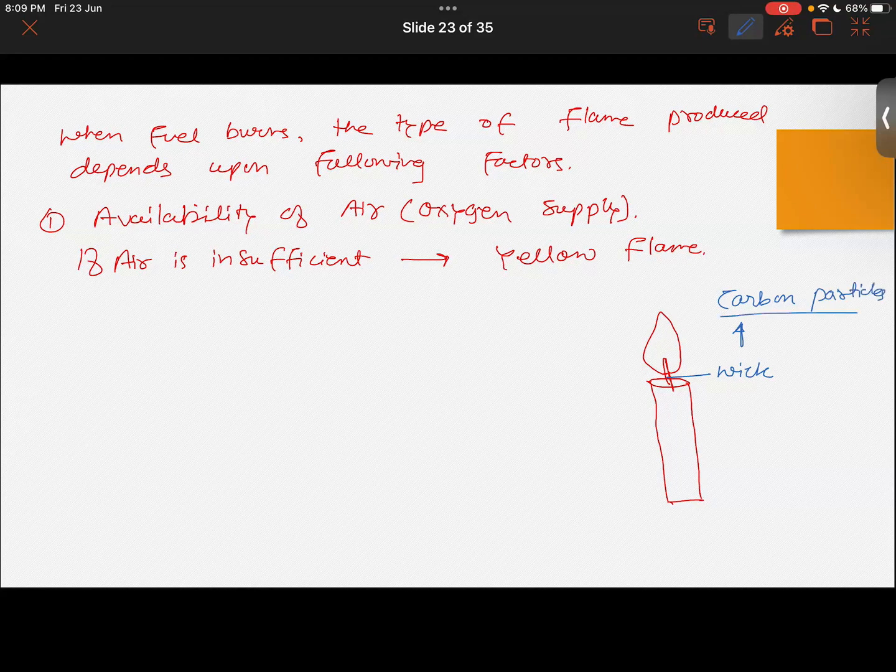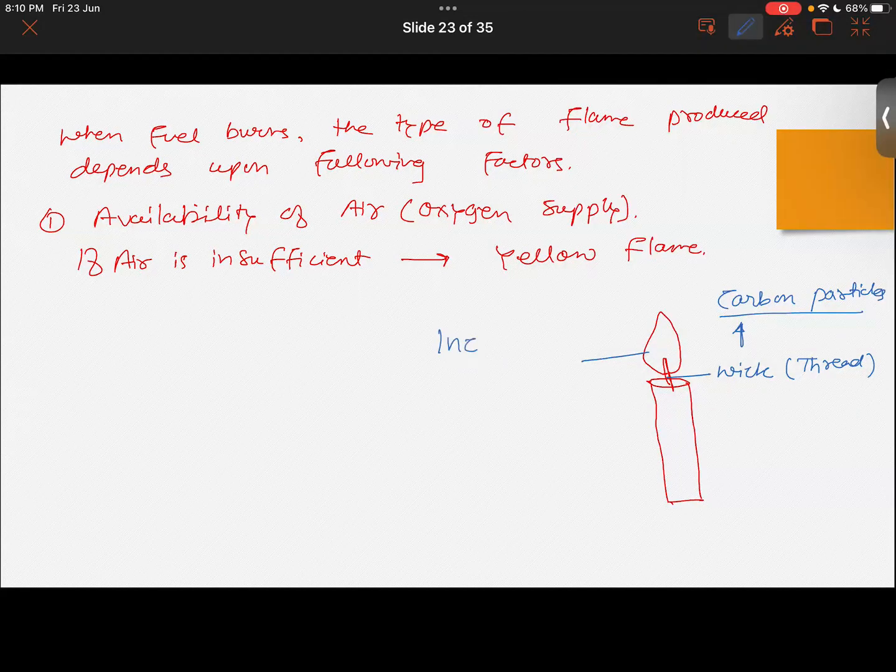It is basically the thread. If there are some unburned carbon particles, then you will observe a yellow flame. Basically, the yellow flame is caused by the glow of unburned carbon particles. Why are there unburned carbon particles? Because complete combustion is not happening here, so there is incomplete combustion.